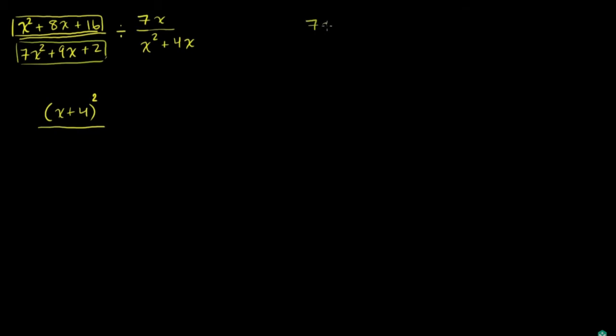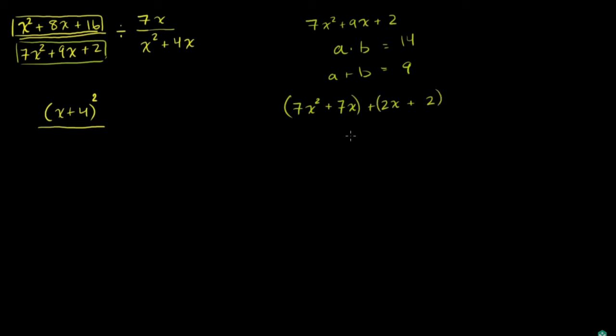So we have 7x squared plus 9x plus 2. We have to find two numbers. When I multiply them, I get 7 times 2, which is equal to 14. And when I add them, a plus b need equal 9. And the easiest two numbers are 7 and 2. So let's rewrite this. This is the same thing as 7x squared plus 7x plus 2x plus 2. I group the 7x with the 7 because they have a common factor of 7. Put parentheses around there so you can see the grouping.